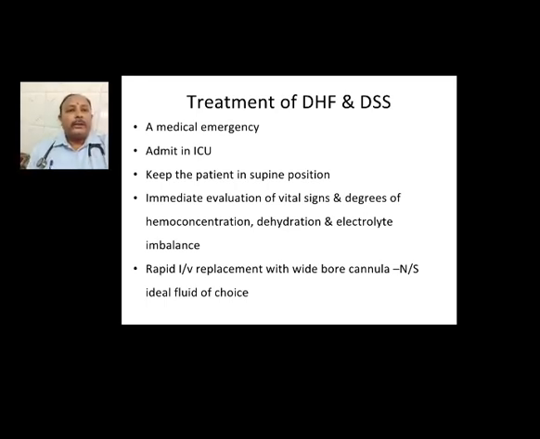Keep the patient in supine position. Immediate evaluation of vital signs and degrees of hemoconcentration, dehydration and electrolyte imbalance. Rapid IV replacement with wide bore cannula. Normal saline is the ideal fluid of choice.